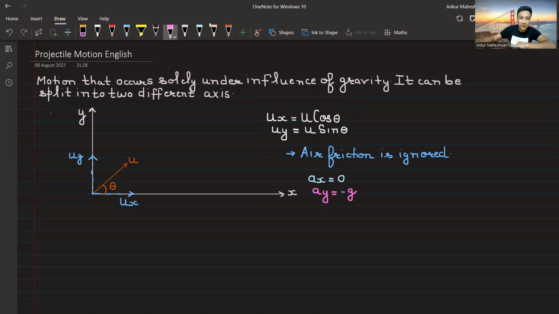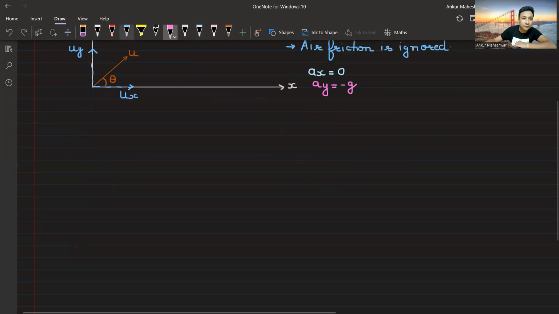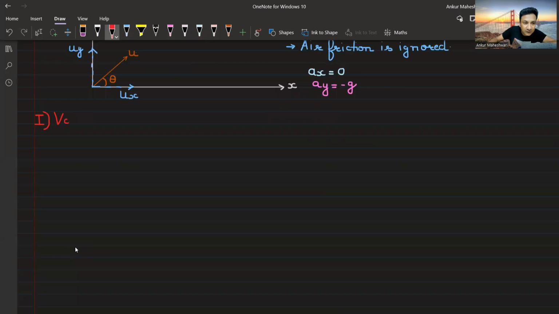So first of all, the first thing that we need to find out is the velocity at time t.